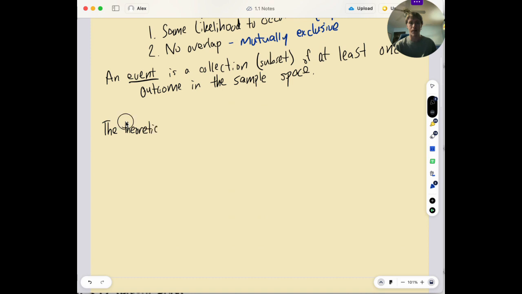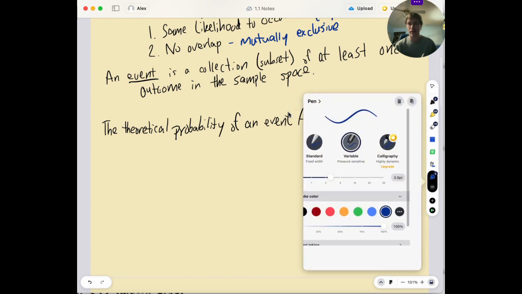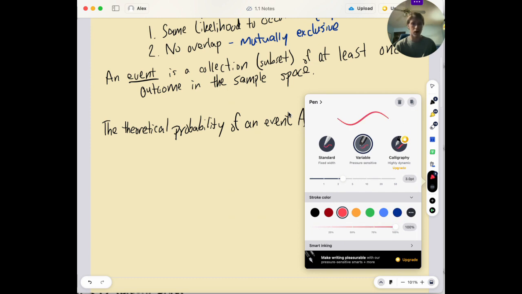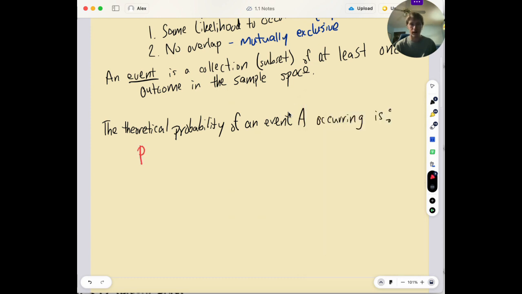We're going to say that the theoretical probability of an event, which we'll label with a capital letter, usually capital A, occurring is defined by this formula here. P of A is going to equal capital N of A divided by capital N.